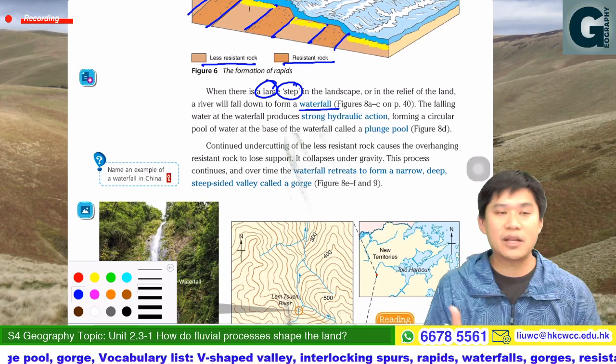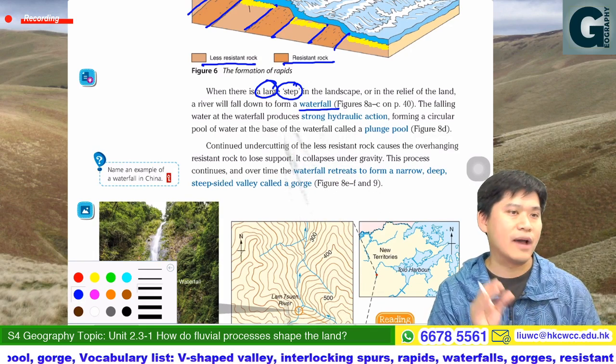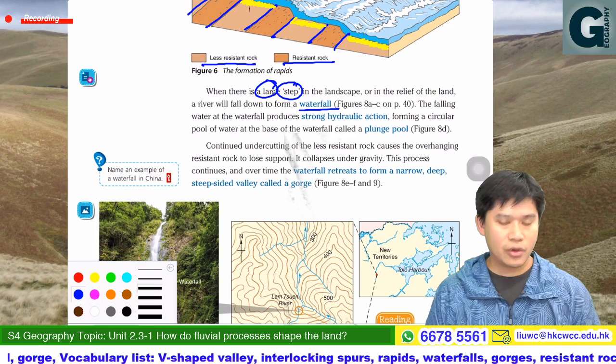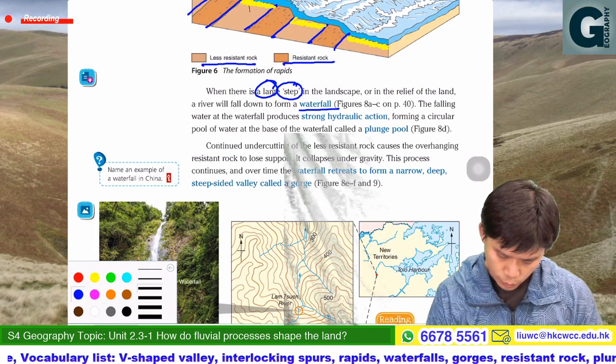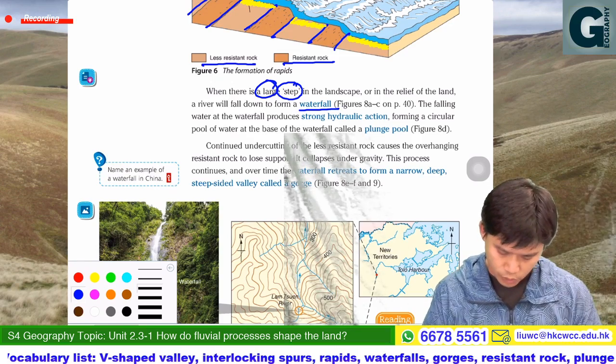You may imagine that a waterfall would be a larger scale rapid. So when there's a large step, the water will fall down to form a waterfall.